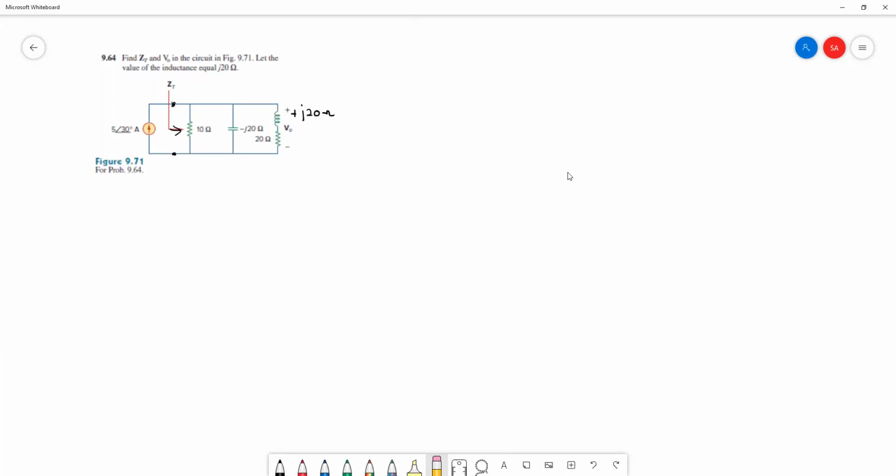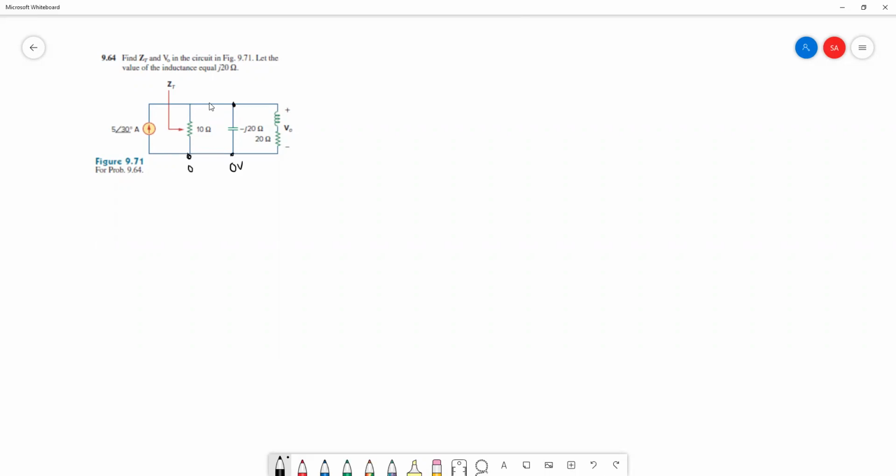As you can see from this circuit, all the impedances are in parallel, and between this node and this node, there is no resistor or any element here. So this is zero voltage.